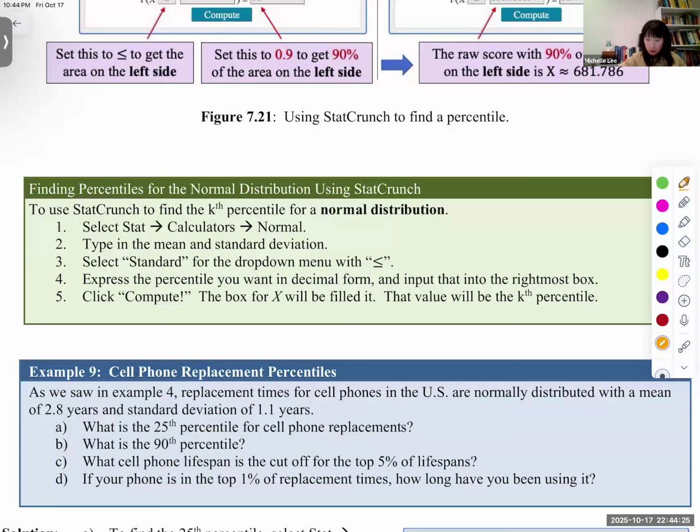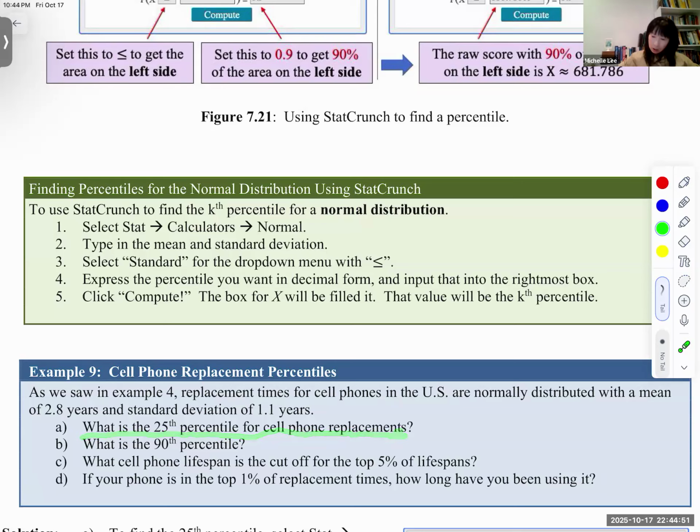All right, so let us do this question. We have the cell phone replacement times. The mean is 2.8 years, and the standard deviation is 1.1 years. The first one: what is the 25th percentile for cell phone replacement?